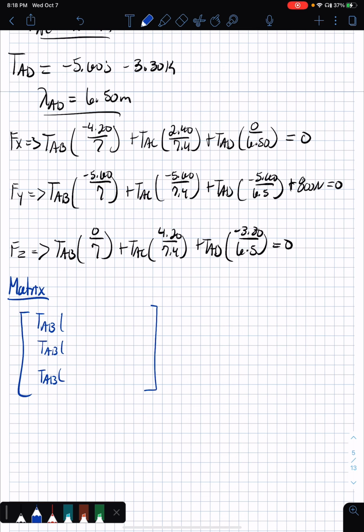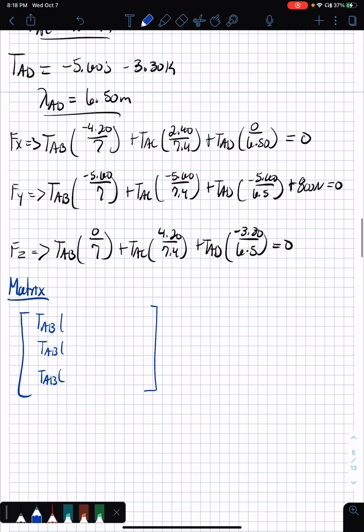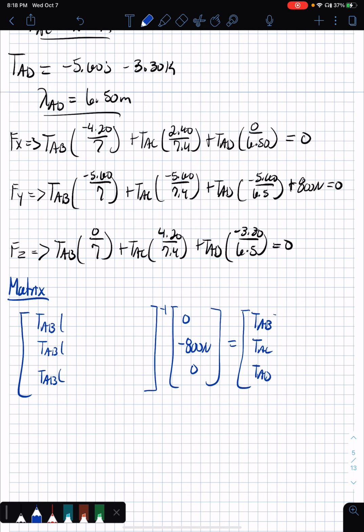The only difference is that on your other side you're going to have a negative 800 Newtons. This way you have something to actually do your inverse to for the other side, so you actually will get your tensions to come out: tension AB, AC, AD.